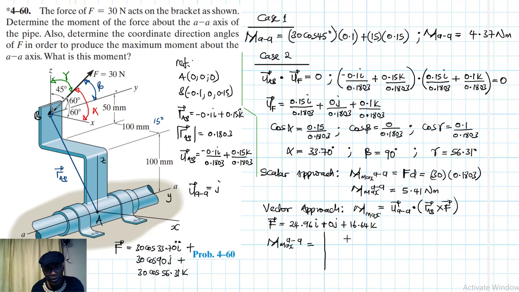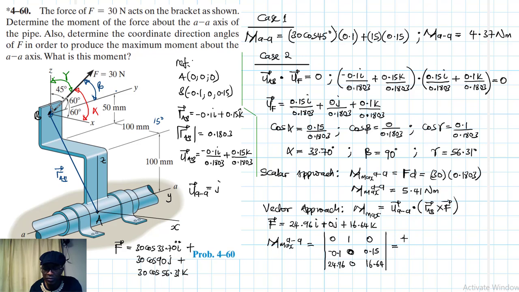Therefore, our maximum moment about the AA axis: we have UAA, the unit vector along the AA axis, which is 0, 1, 0. RAB is minus 0.1, then 0, then 0.15. And the force F is 24.96, then 0, then 16.64.